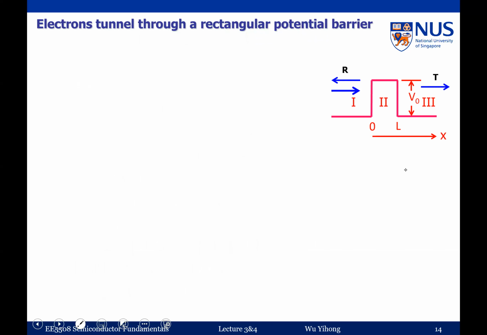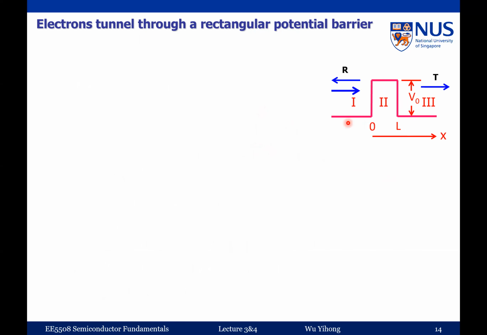So the first one we call a simple rectangular potential barrier, okay? Why do we need to know this? Because in a real material, the electron will experience many different types of potential barriers, right?